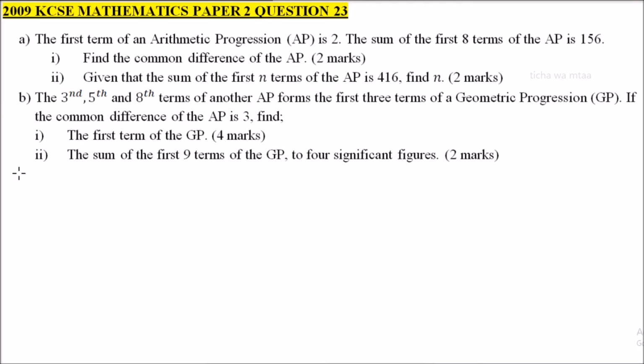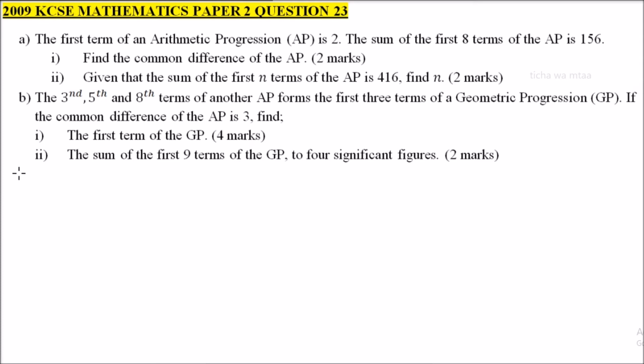Part B of the question, we are told the third term, the fifth term, and the 8th term of another AP form the first 3 terms of a geometric progression. If the common difference of the AP is 3, find the first term of the geometric progression, for 4 marks. So we can write the first 3 terms.